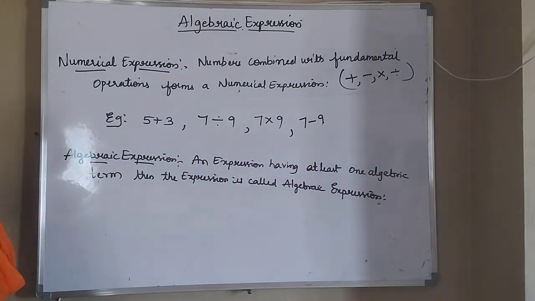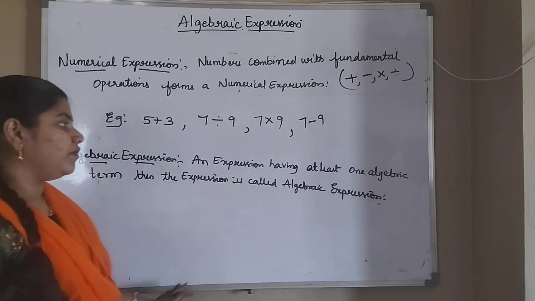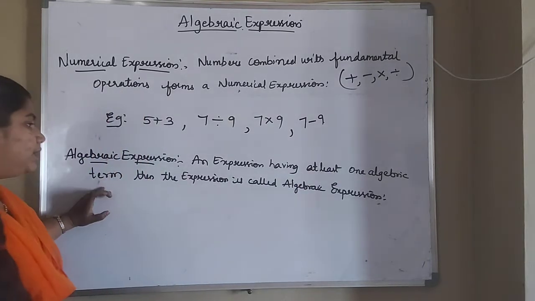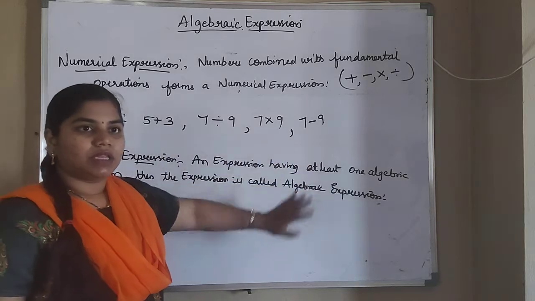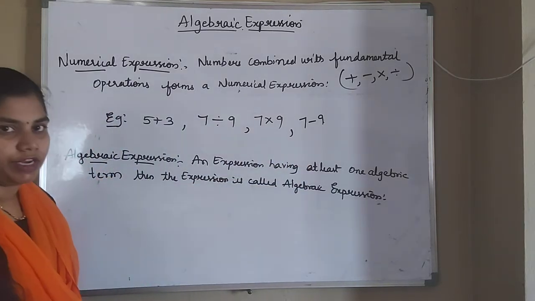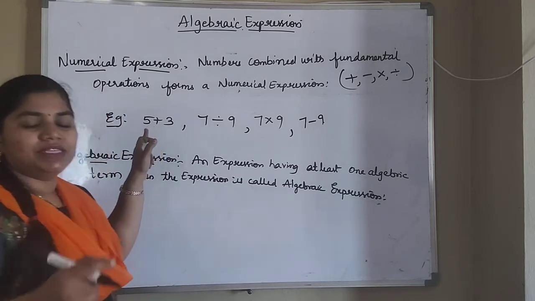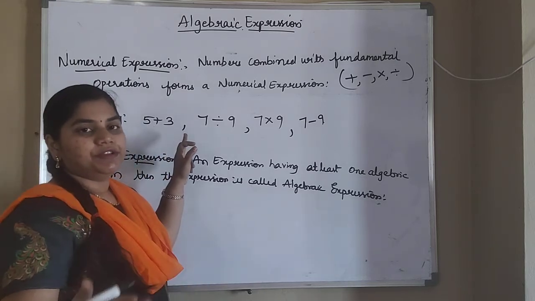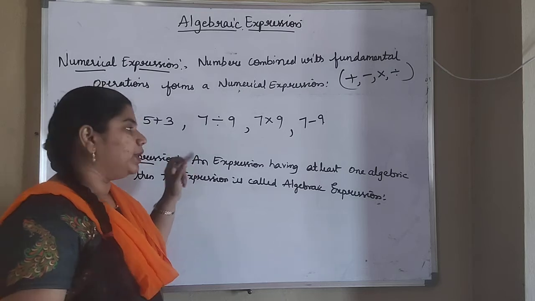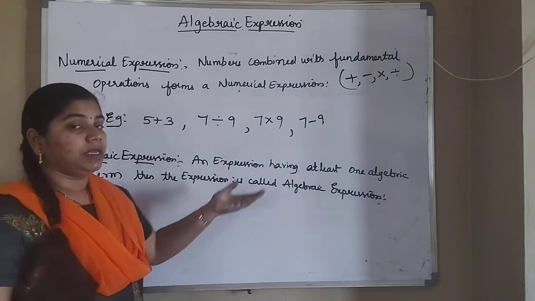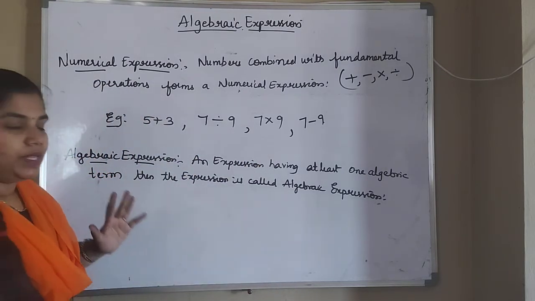So what do you mean by algebraic expression? An expression having at least one algebraic term. An algebraic term is nothing but a variable. For any expression, if any one number is attached with an algebraic term, that expression will be converted into an algebraic expression.